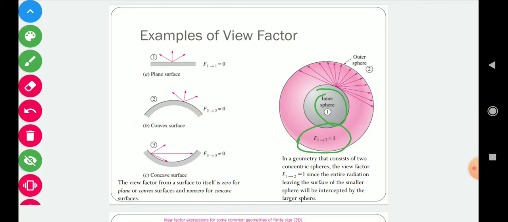So in a geometry that consists of two concentric spheres, the view factor F12 will be equal to 1, since the entire radiation leaving the surface of the small sphere will be intercepted by the larger sphere.